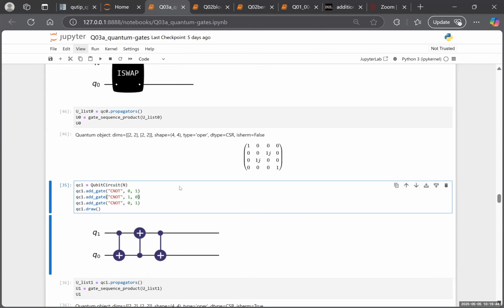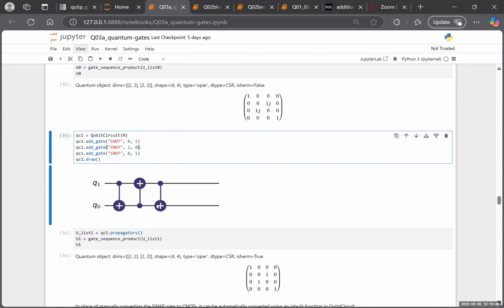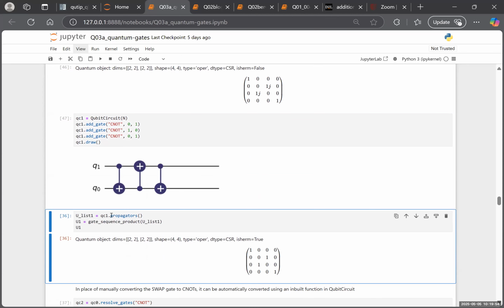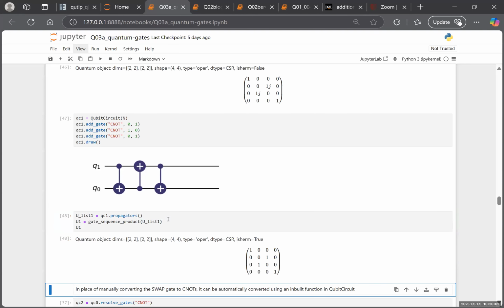So this one is this, we see that this is a SWAP gate decomposed in terms of CNOT. And you can do the circuit propagators, and then you say gate sequence product, you get this is a SWAP gate.